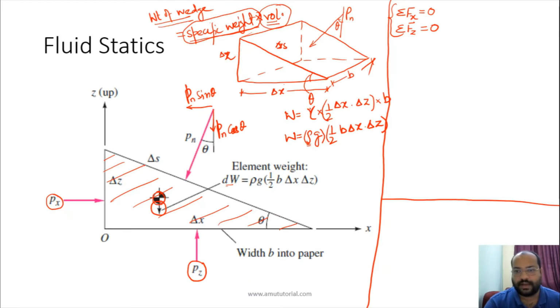So now the summation of Fx means the sum of all the forces acting along the x direction. If you look here, this is the pressure which is acting in this direction. In order to calculate the force, how can you calculate it? The pressure is equal to force divided by area.